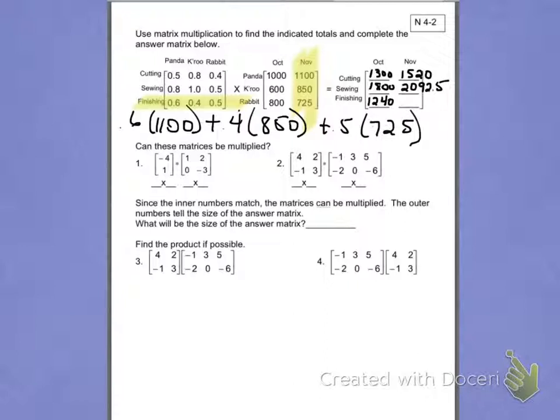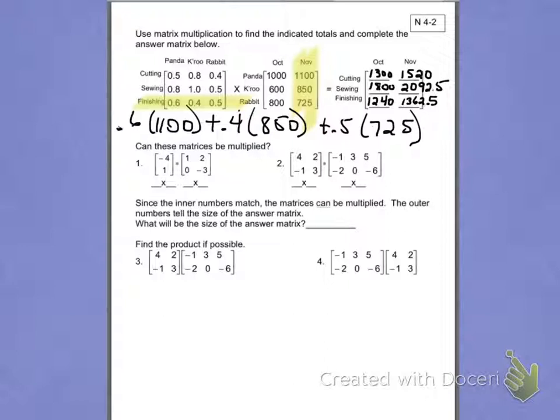And when we multiply those individual parts, and make sure my decimals are there, and then add them all together, you're going to come up with 1,362.5. And that gives you the finishing hours in November.